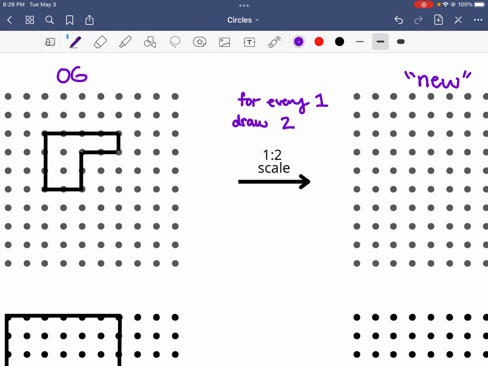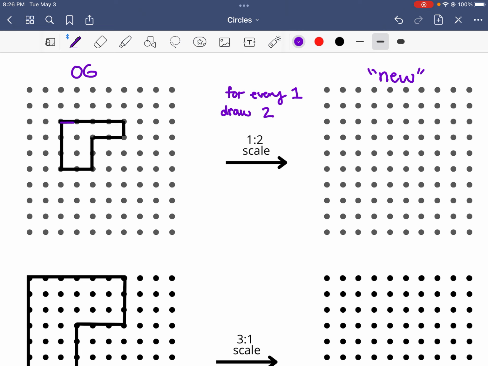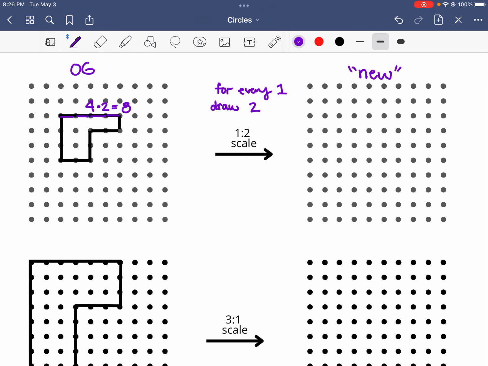Okay. So right here I have 1, 2, 3, 4. So instead of 4, I'm going to multiply it by 2 and I should get 8. Okay. So I'm going to go 1, 2, 3, 4, 5, 6, 7, and 8.